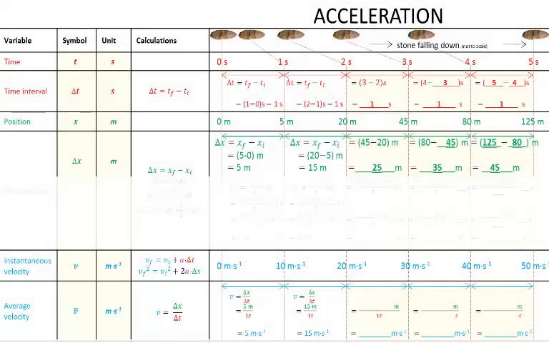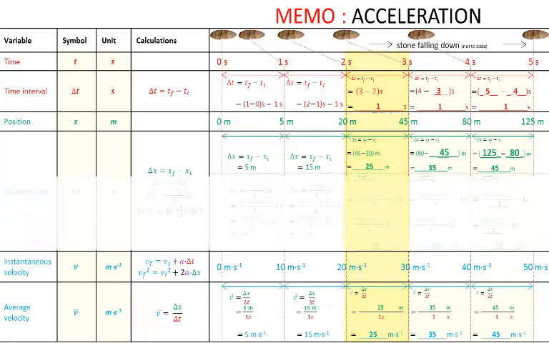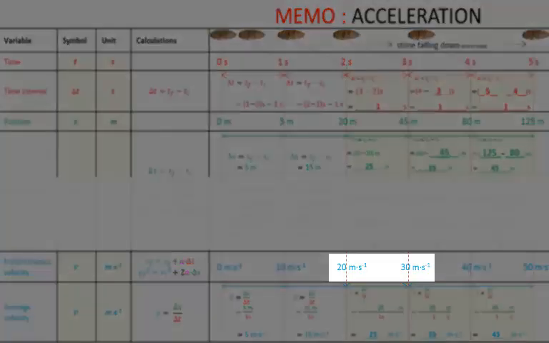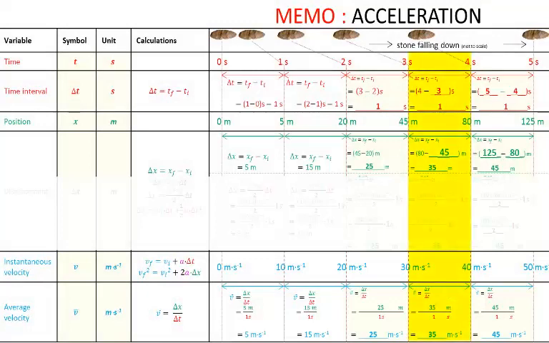Pause the movie as you work out the missing values here. During this second, the stone traveled 25 meters. The duration was again a second, so the average velocity 25 meters per second, again halfway between the initial and final velocities for that interval. The next second long interval, the displacement is 35 meters, again in 1 second.